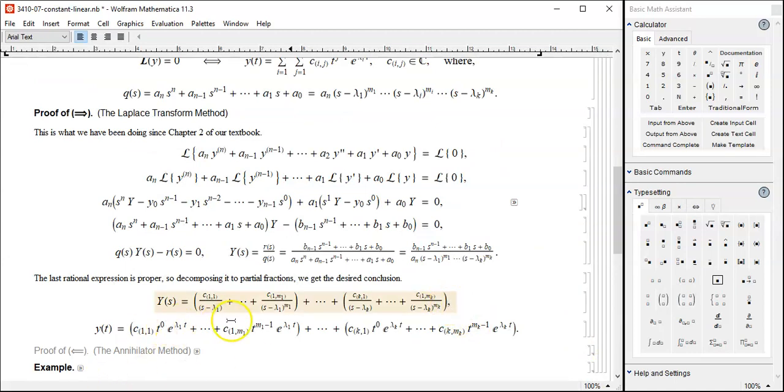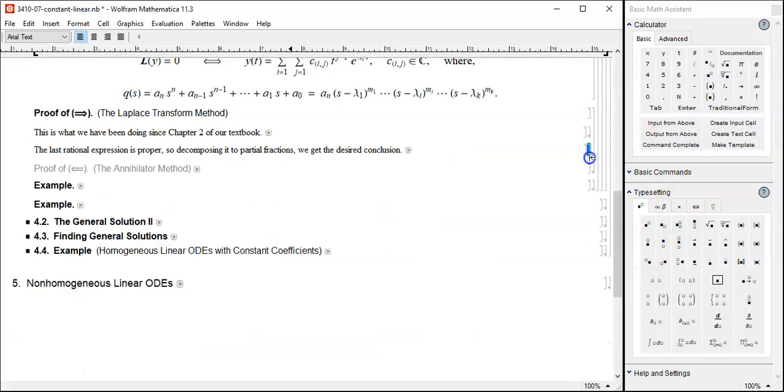The first factor, s minus lambda 1, to the first power, second power, third power, all the way over to the m1 power, the multiplicity, and so on and so forth. There are a total of n such fractions, m1 plus m2 plus m3 and so on, add up to n. And here is a Laplace inversion. That completes the proof of the forward direction. Not just proof, but it also gave you the method of solution.